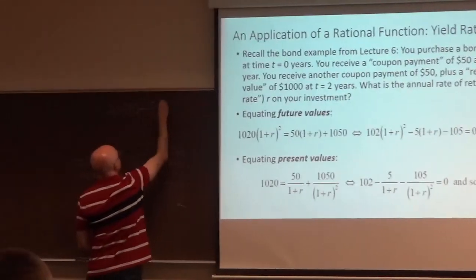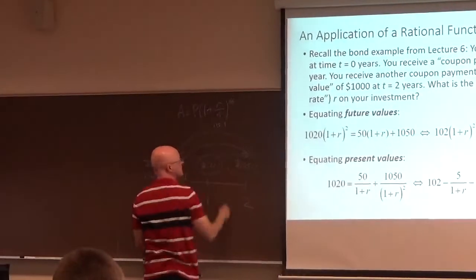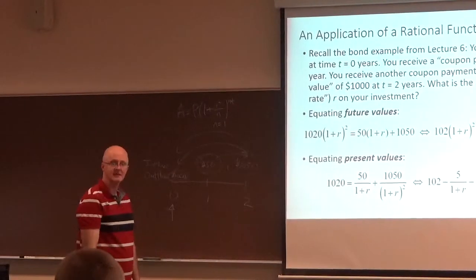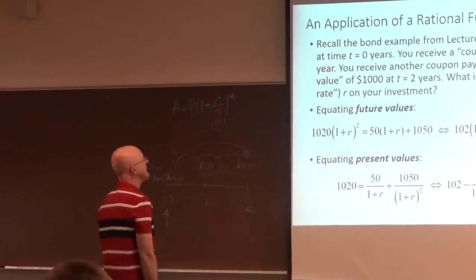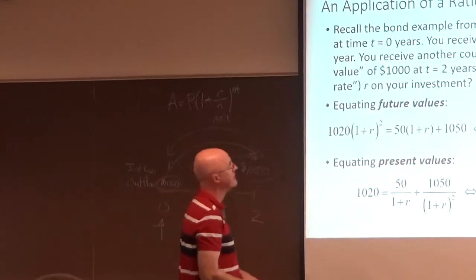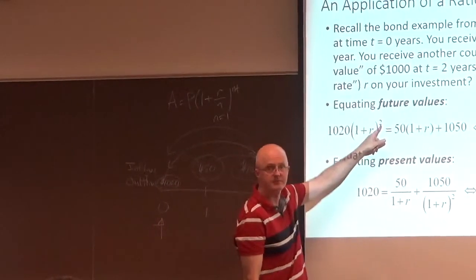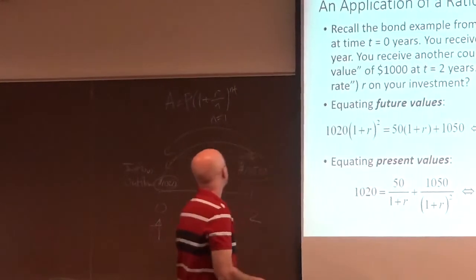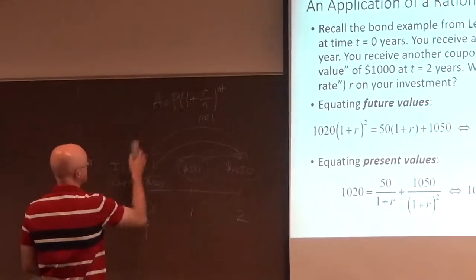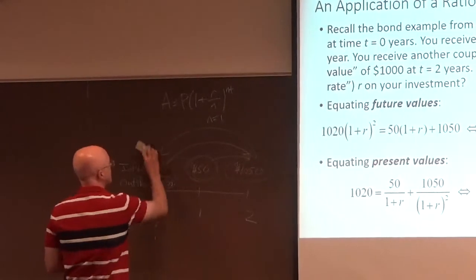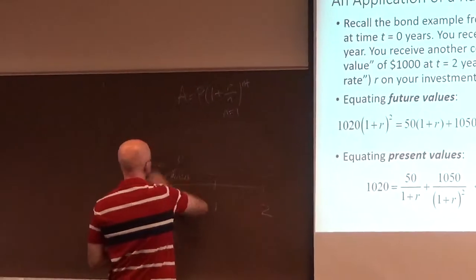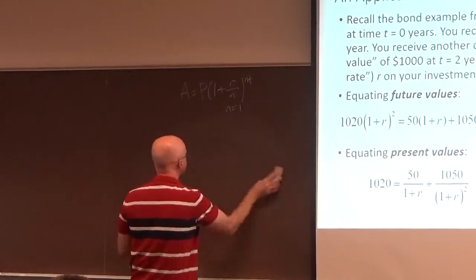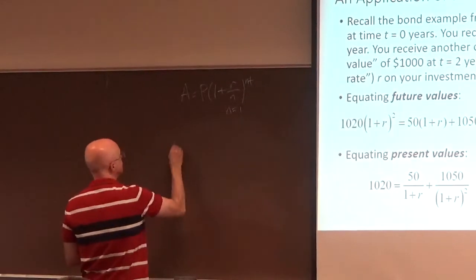This one right here, with n equal to 1, I'm just taking that to be the case, thinking of it as being compounded once per year, and t equal to the amount of time, in this case 2 years. P was called the principal in this equation, but I can also solve this equation for p as a function of t as well.